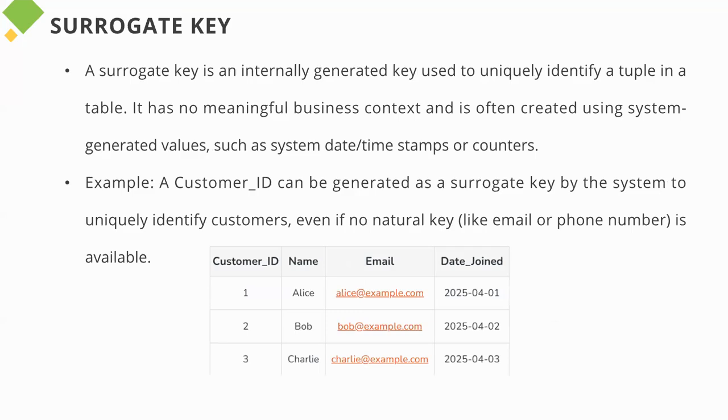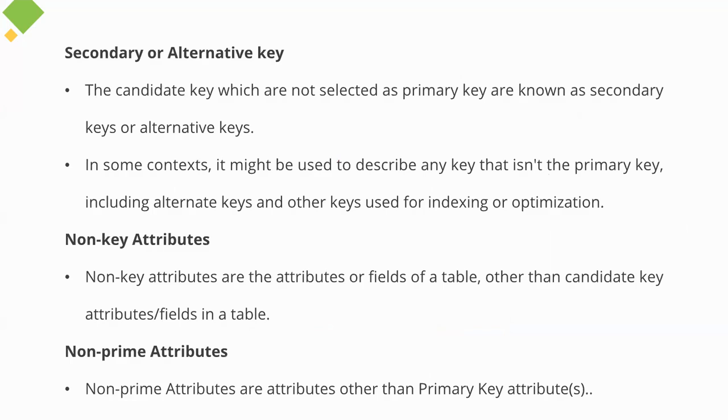Surrogate key. A surrogate key is an internally generated key by the developers or the administrator. We generate them for ease of referencing the individual person or individual tables. Secondary or alternative key: all the candidate keys which are not selected as the primary key.